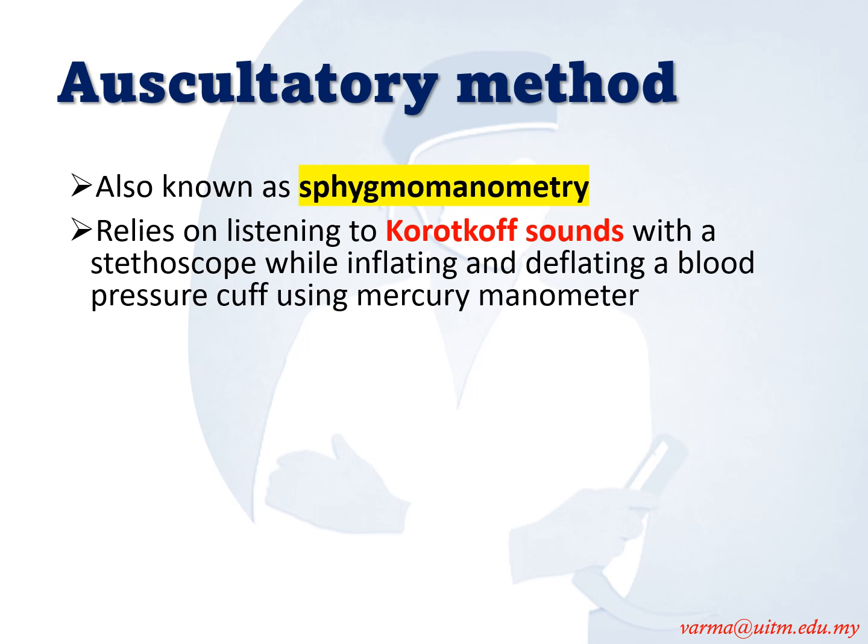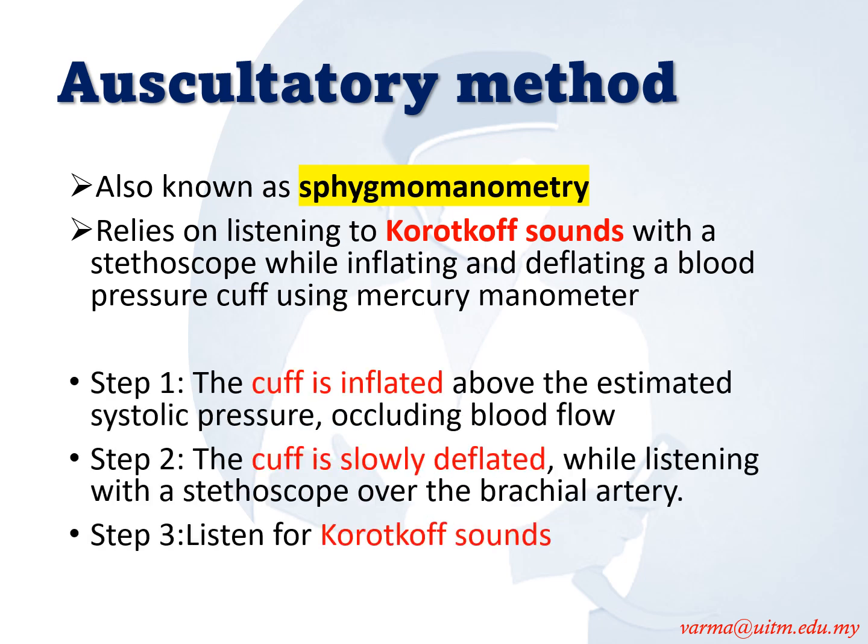Auscultatory method, also known as sphygmomanometry. It relies on listening to Korotkoff sounds with a stethoscope while inflating and deflating a blood pressure cuff using a mercury manometer. How do we do it? The initial part is the cuff is placed on the arm and inflated above the estimated systolic blood pressure, occluding the blood flow at the site.